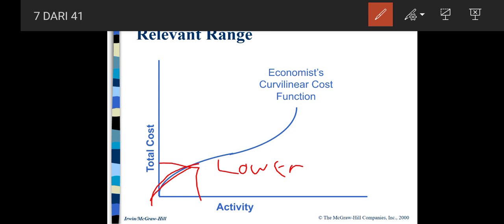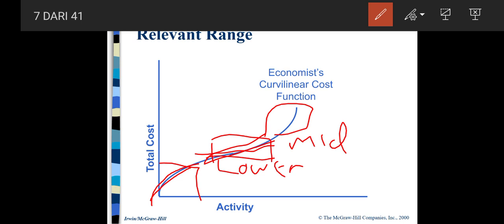And then it will flatten out at mid level. This is the mid level, it will be almost flattened. Sedikit flat di sini di mid range. And then it will increase again at higher levels of activities.